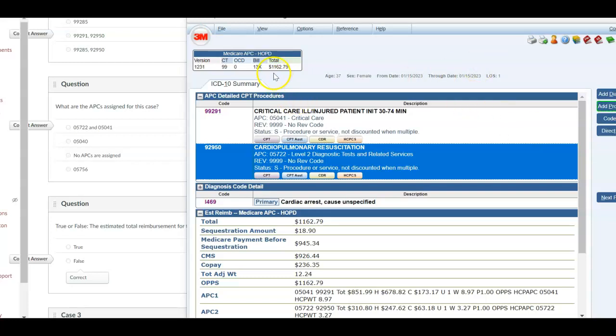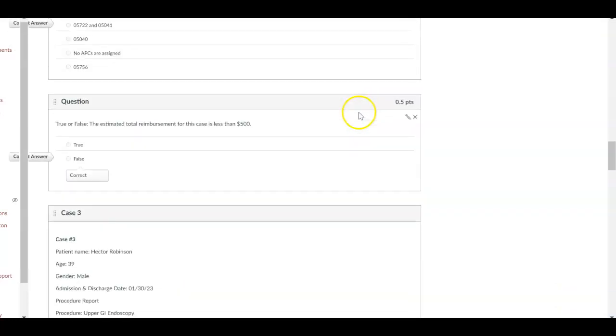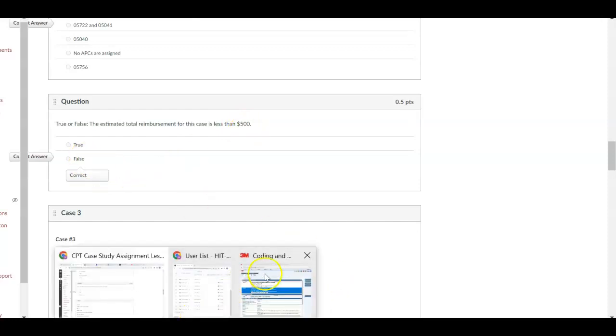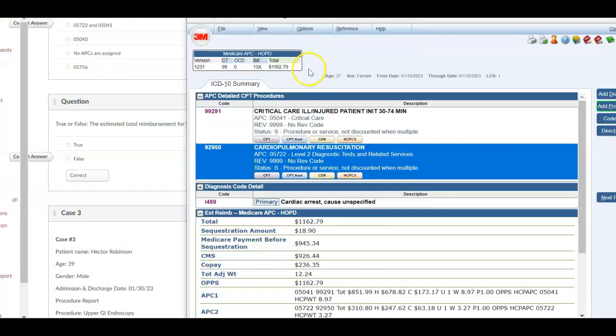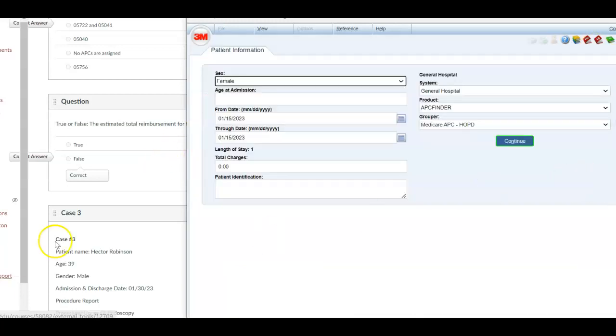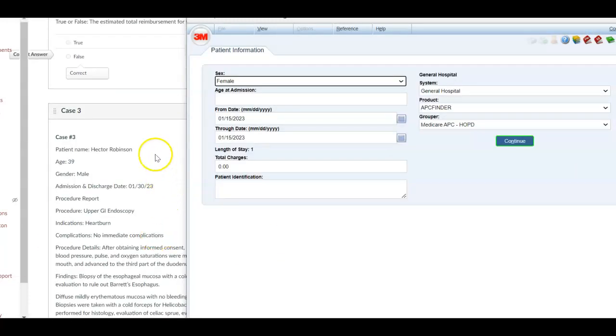Okay, so let's look at our total here, $1,162. Let's go ahead here at our next question. The estimated total reimbursement for this case is less than $500. That's false. As I just showed you, the total reimbursement, and it doesn't matter if it's going to be 2024, 22, it's still going to be false because it's way over 500. All right, let's go ahead to our next patient, Hector Robinson.